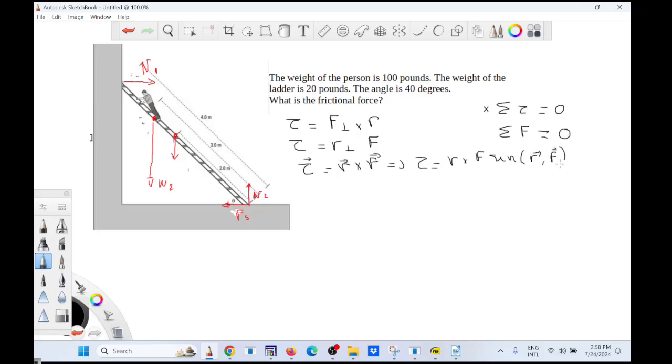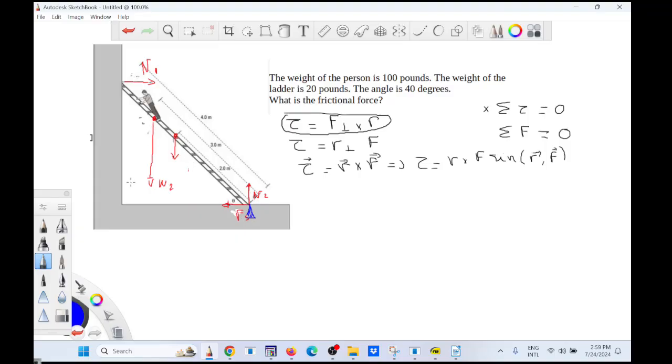So we already discussed that. To simplify things, I'm going to use this definition here. You're going to see why it's going to be easier. So the trick is to take the fulcrum here. That way, I'm going to get rid of N2 and the torque provided by N2 and the torque provided by the static friction.